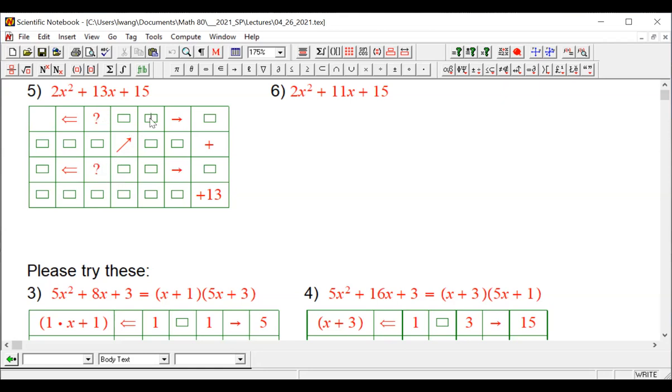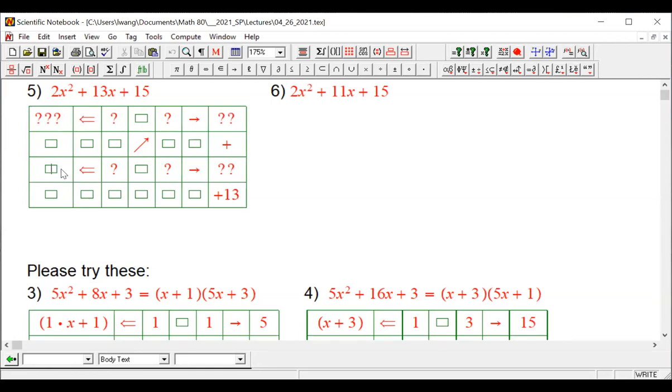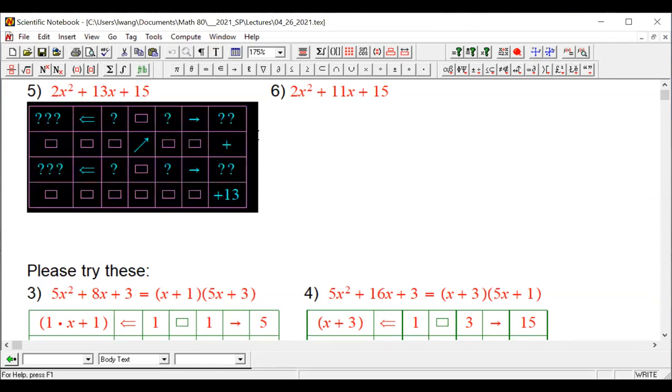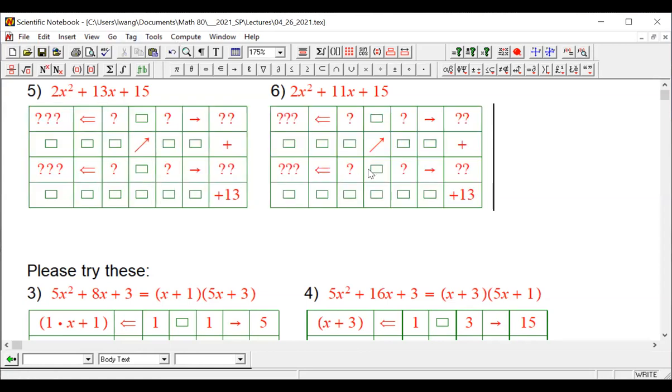You can look at this as some kind of game board, right? And then make those factors. And this number 6, the matching number is 11.